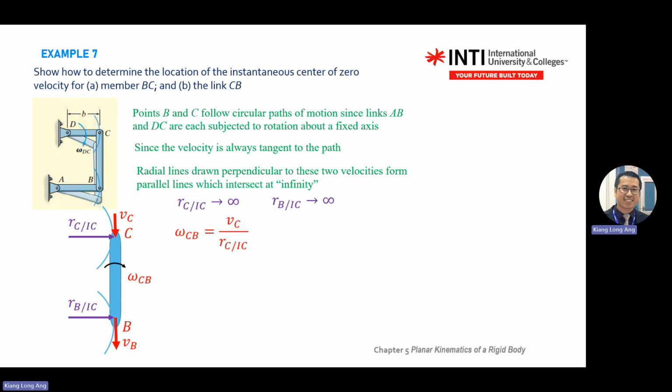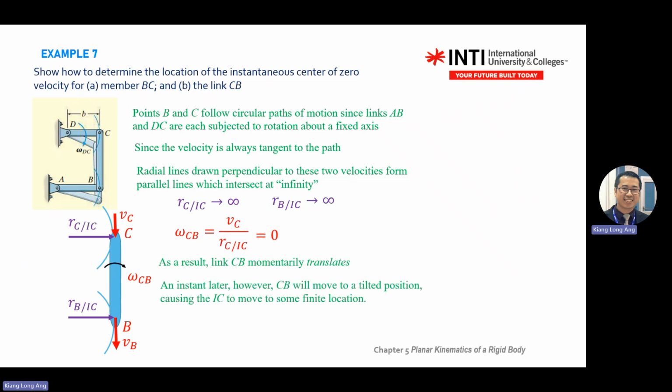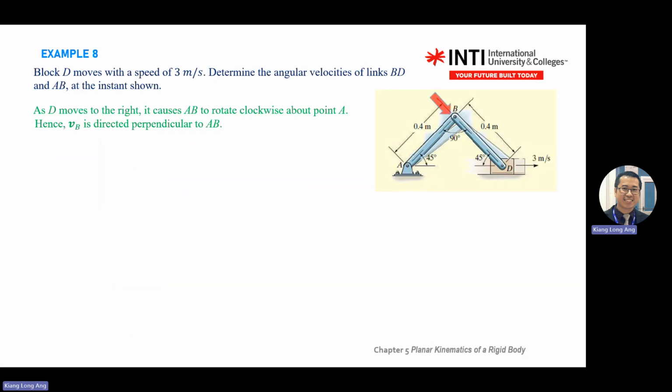You divide something with infinity. What is the answer? 0. If infinity is on top, it is unsolvable. Okay. So that's why there's no move, there's no rotation in this member. So the rest you read.